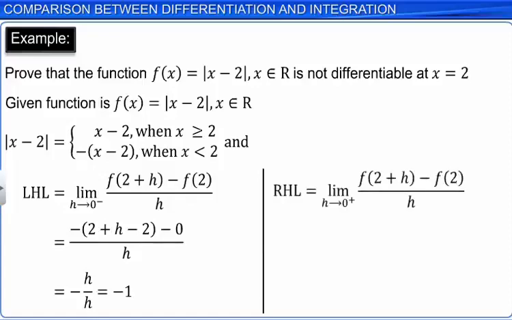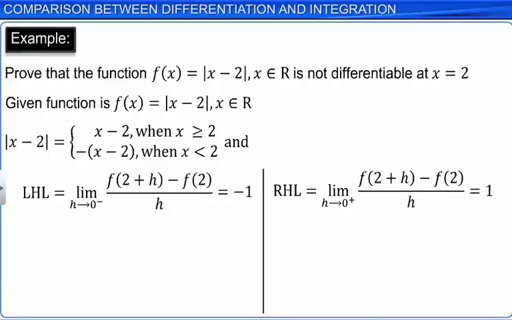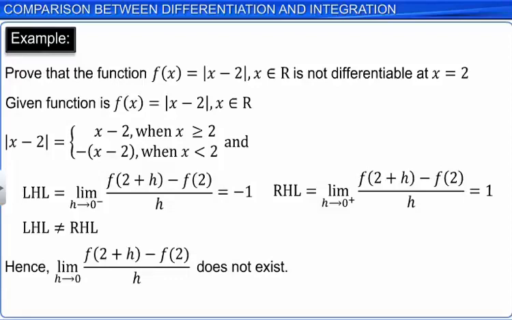Since the left-hand limit and the right-hand limit at x is equal to 2 are not equal, the limit as h tends to 0 of (f of 2 plus h minus f of 2) divided by h does not exist. Therefore, f is not differentiable at 2, and hence is not a differentiable function.